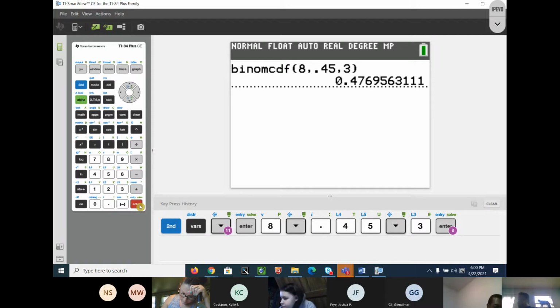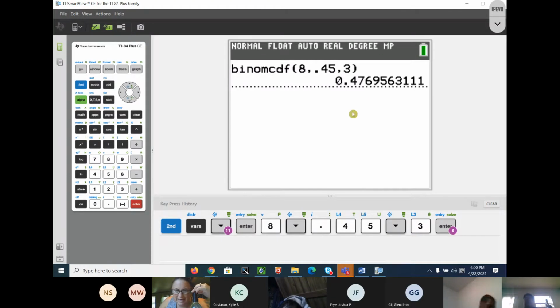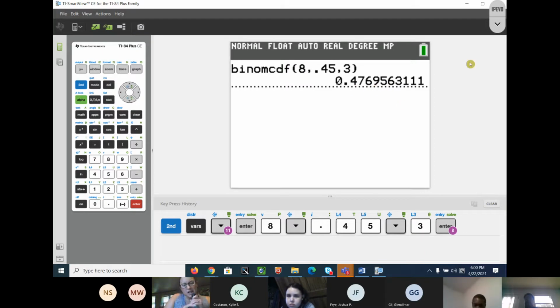I got 0.4770. My calculator came up with 0.4769. Yeah, but that next digit is a 5 or a 6, so you change the 9 and turn it into 70 instead of 69. Okay, because probability is 4 digits.